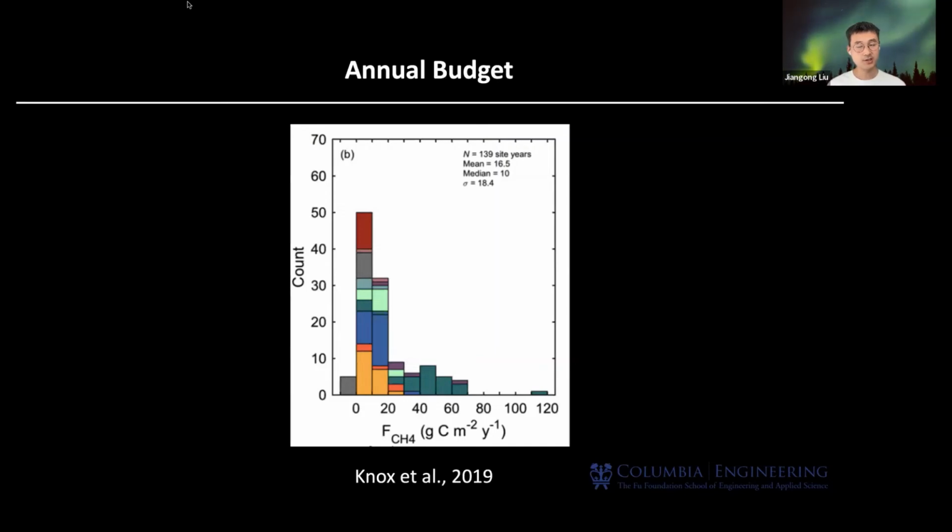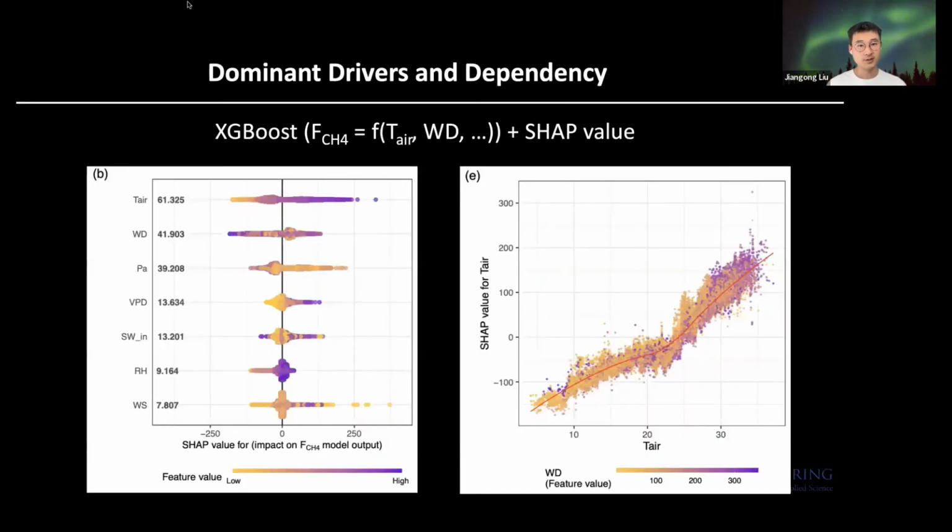If we put the annual methane flux in this figure, it's located here. It's around 110 grams carbon per square meter per year, so it is exceptionally higher than other freshwater wetlands. We used machine learning methods to build a model between methane fluxes and its environmental drivers.